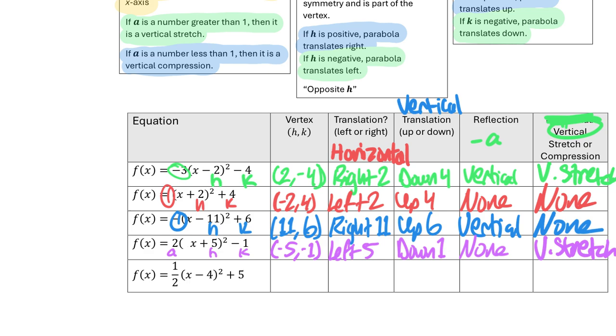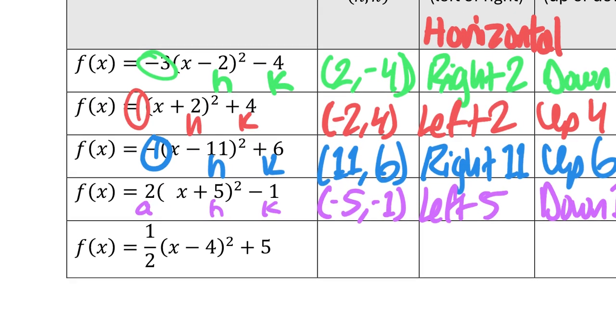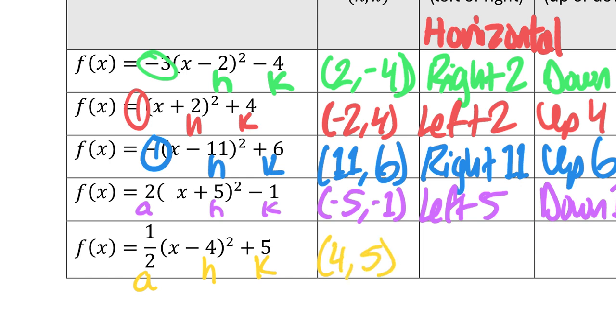And there you go. On to number 5. So once again, there's A, there's H, there's K. I have to use the opposite of what I see for H, so that's a positive 4. And K is 5.